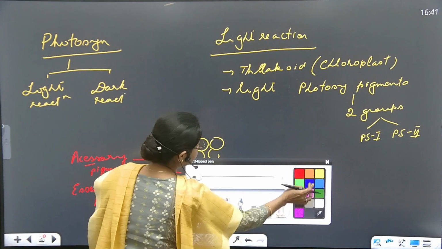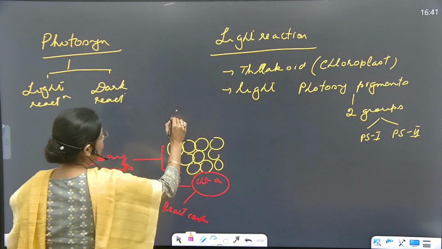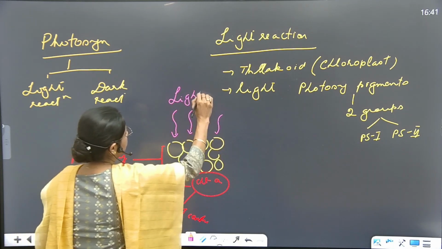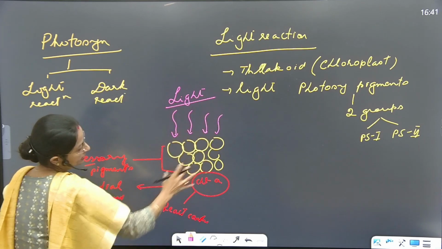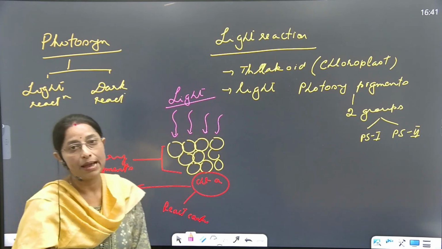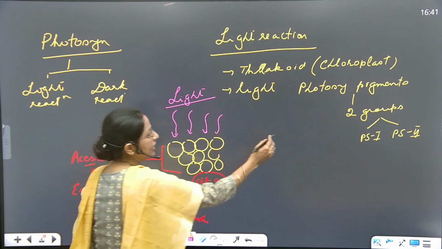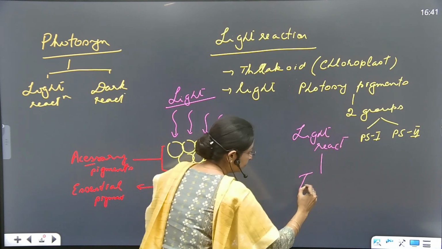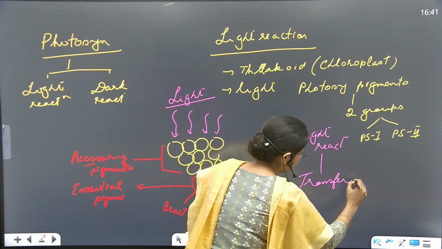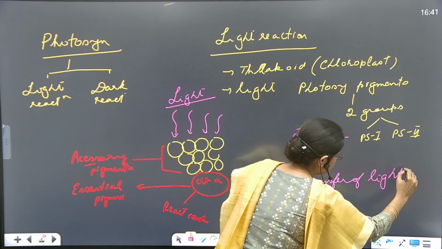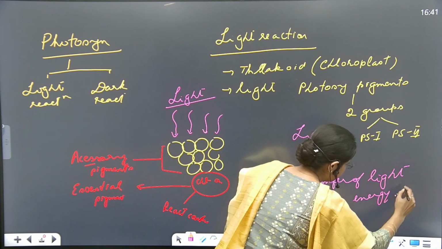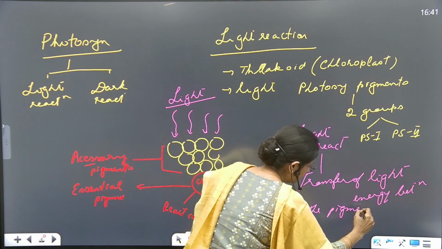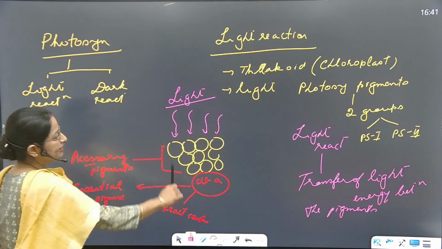What will happen here? Light will fall, sunlight will fall, and once sunlight falls, ultimately the reaction will start. So we will see what exactly happens during light reaction. When we say light reaction, we understand that the pigments take in light.